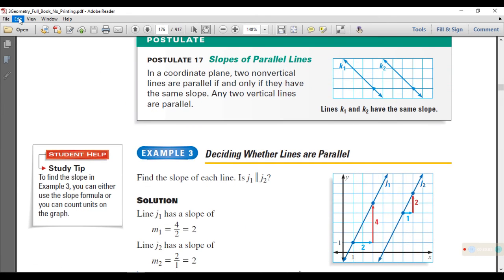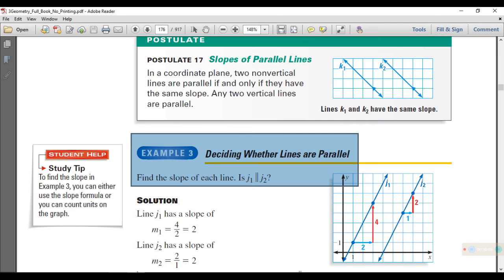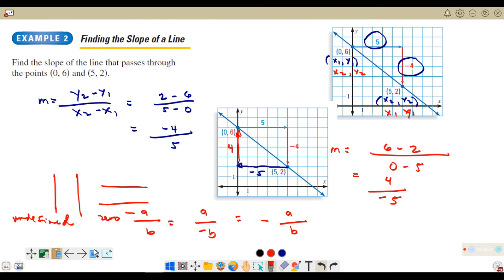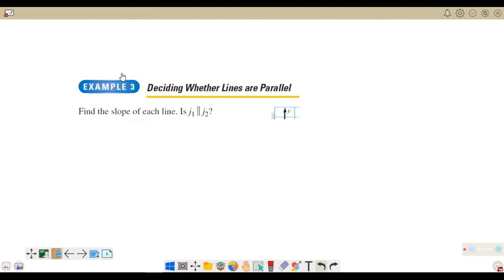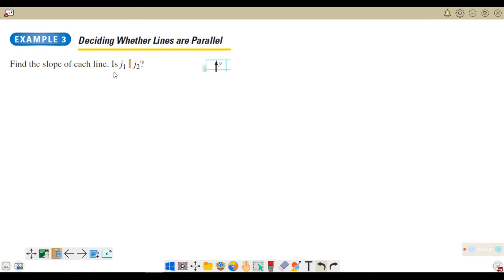Now, let's see. Deciding whether the lines are parallel. Find the slope of each line. Is J sub 1 parallel to J sub 2?